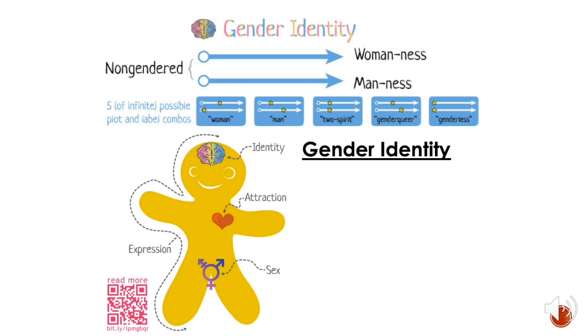If you move those dots into different spots, you can see that somebody could identify as two-spirit or genderqueer or genderless or transgender.